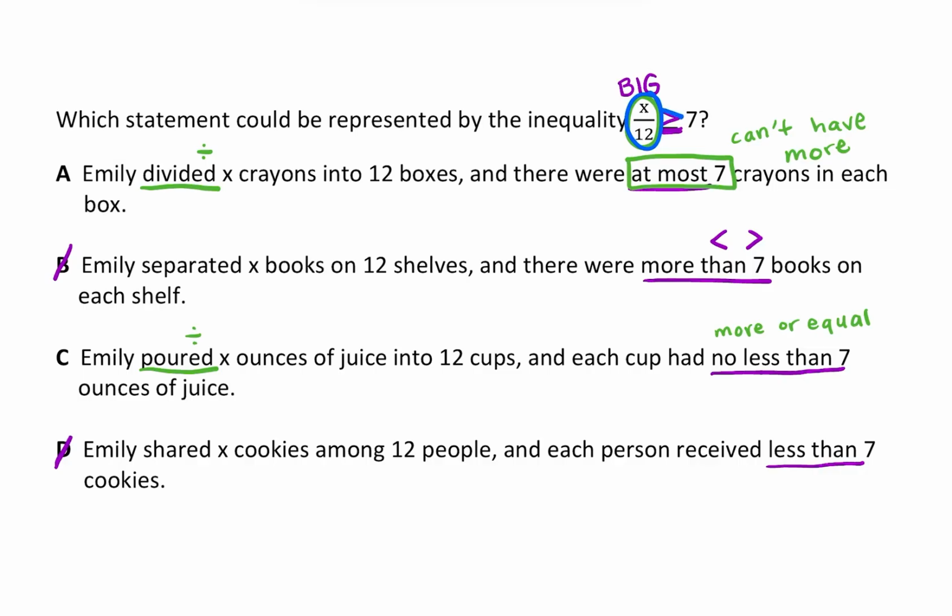It says more. This is bigger than 7. So we can have more or equal. Our answer would be C, because again, our alligator up here is telling us more than 7. And that's all we're doing. We're just reading and finding the match.